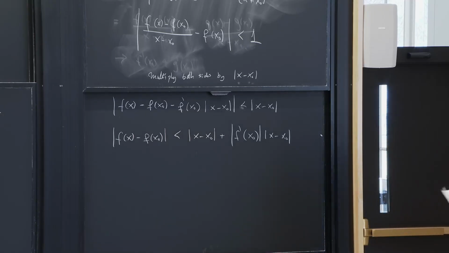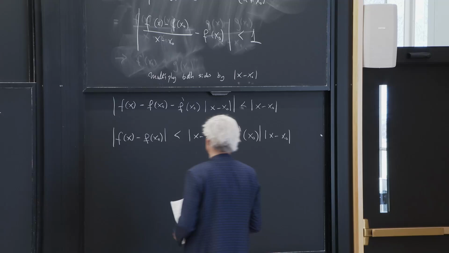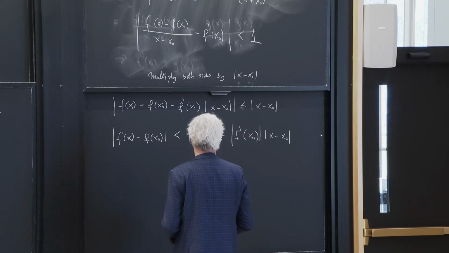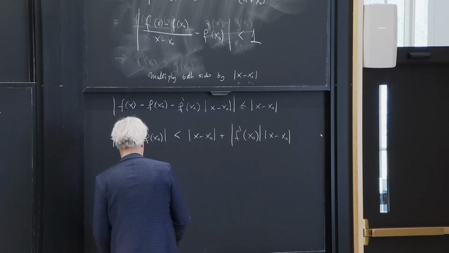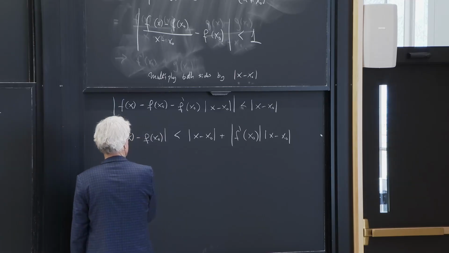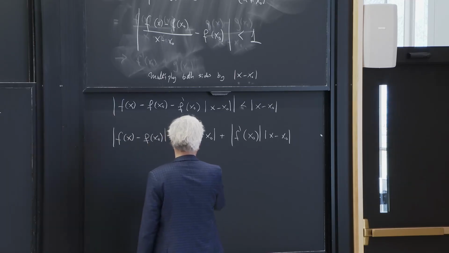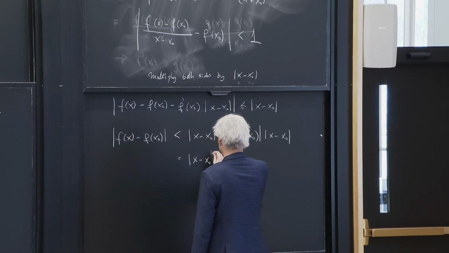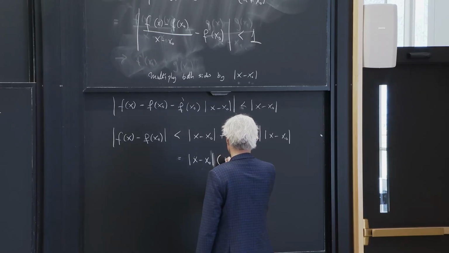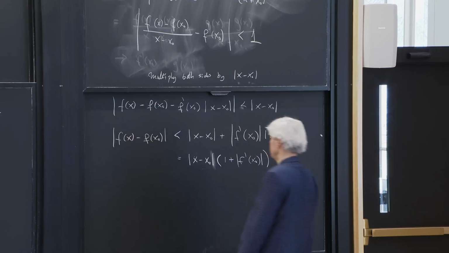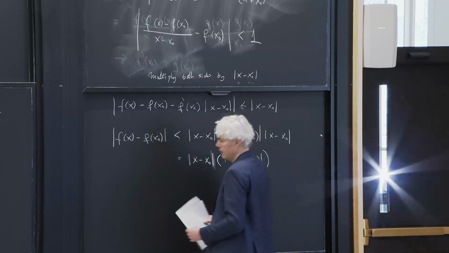And this is just the triangle inequality that we have used many times, just on R. This here, of course, I can also write by factoring out x minus x0, as 1 plus f prime of x0 times x minus x0.